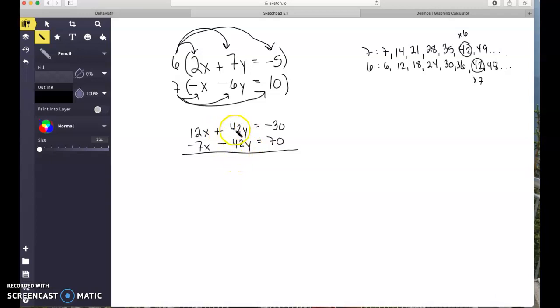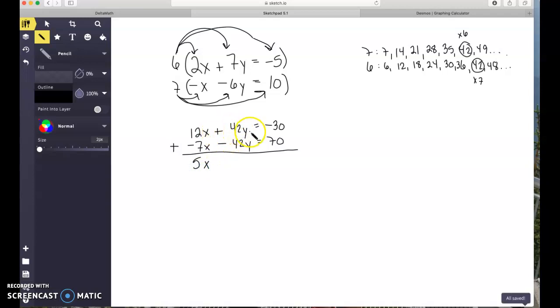So I have to think, okay, what operation would I do with a positive 42y and a negative 42y? Well, they're already opposites, so that tells me I want to add them. Okay, so if I add those, I'm going to have to add all the other like terms in my problem. So I've got 12x plus -7x, which is the same as 12 minus 7, which gives me 5x.